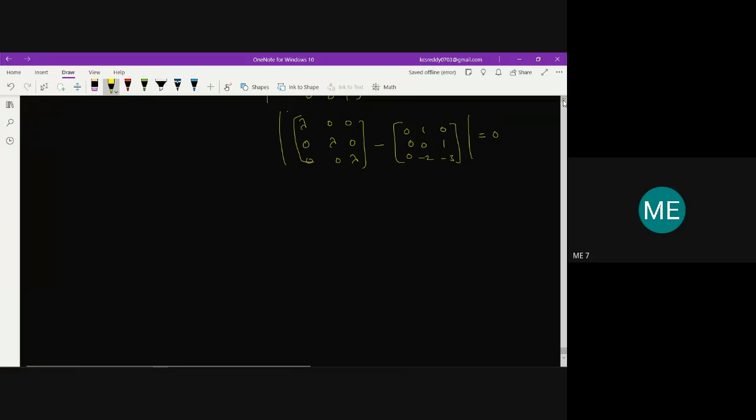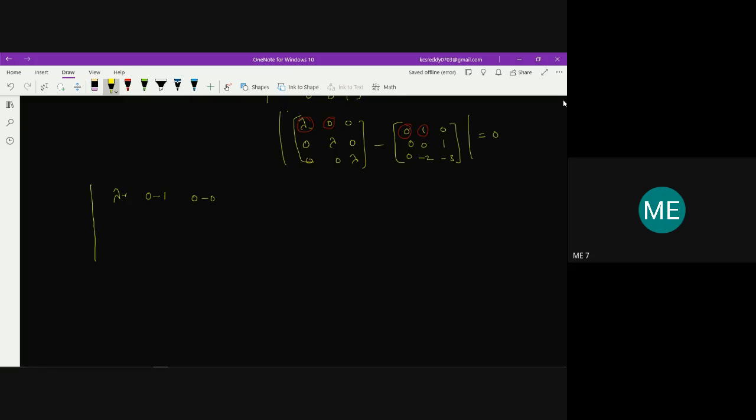So here, the determinant of lambda minus 0, that is corresponding elements, so first row, first element, then second element, those are called corresponding values. So lambda minus 0 is lambda, then the second one is 0 minus 1, then third is 0 minus 0.